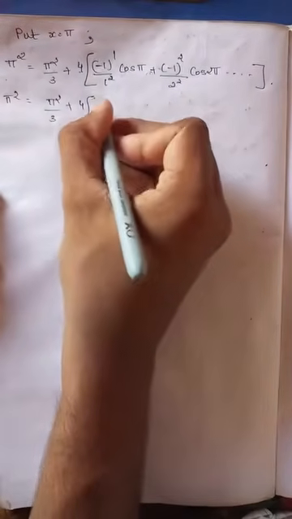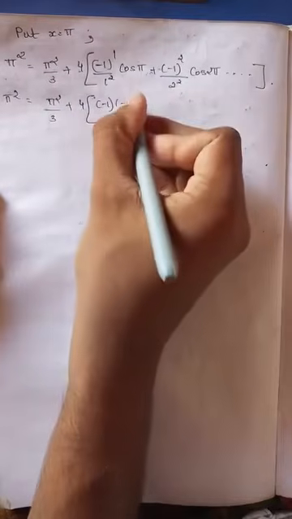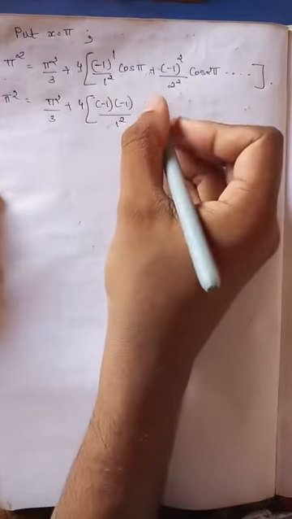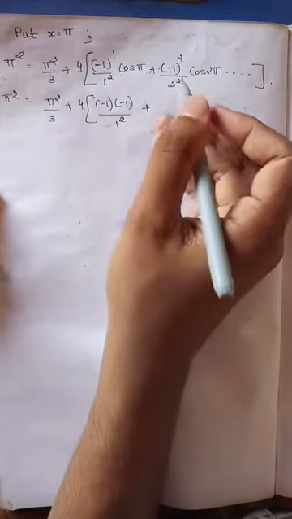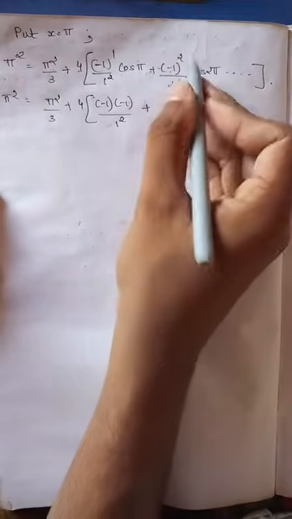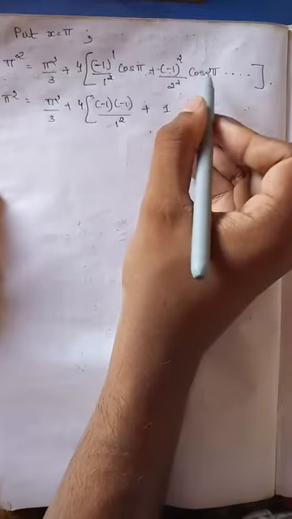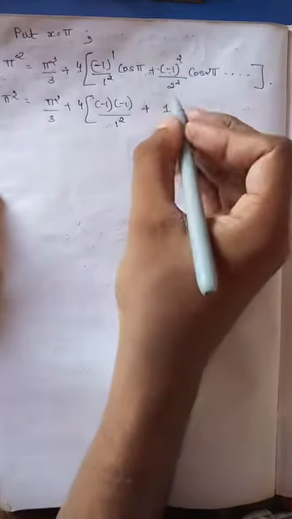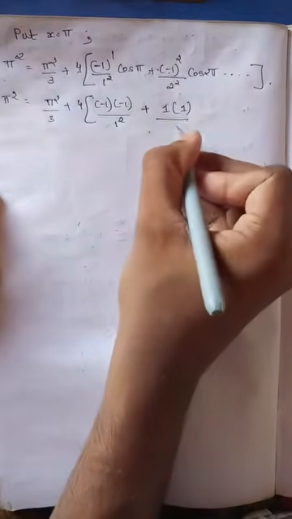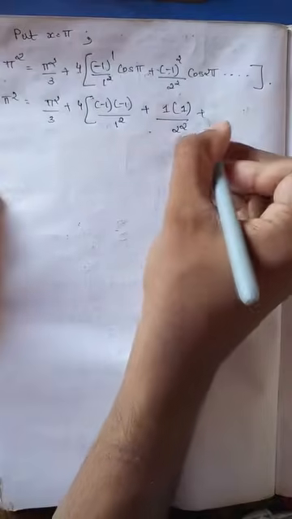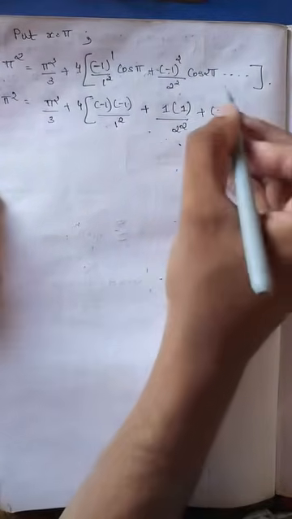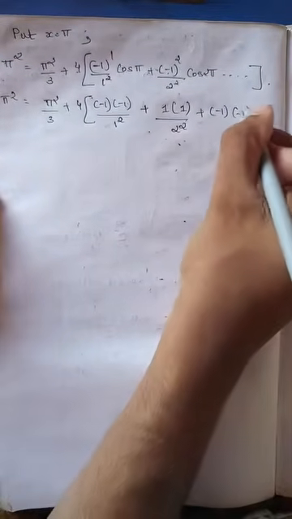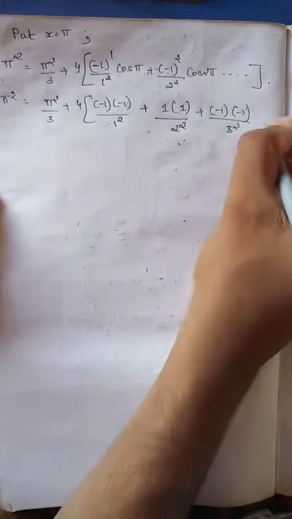Minus 1 to the power 1 is minus 1. Cos pi is minus 1 by 1 square, plus minus 1 square is plus 1, and the value of cos 2 pi is plus 1 by 2 square, plus again minus 1 cube is minus 1, and cos 3 pi value is again minus 1, 3 square, and this goes on.